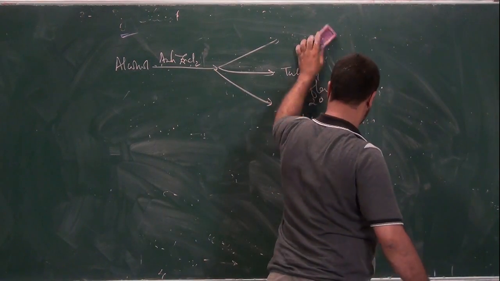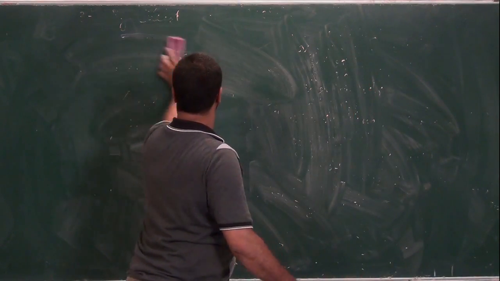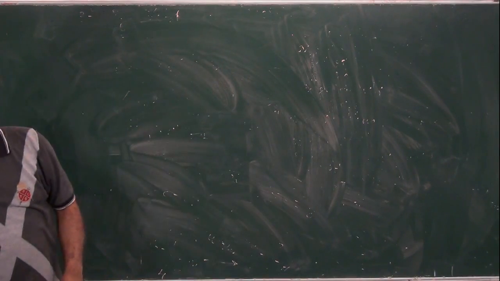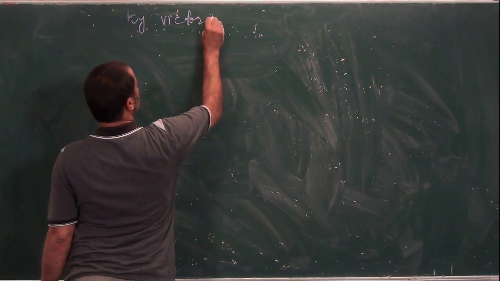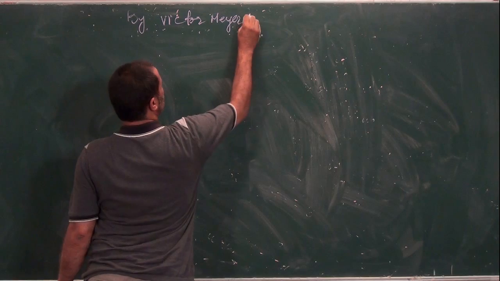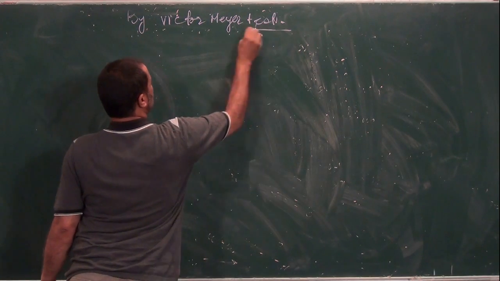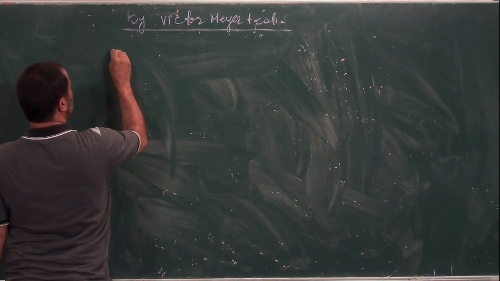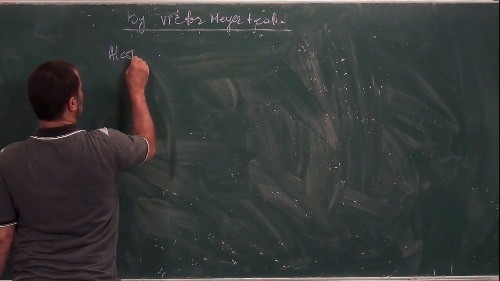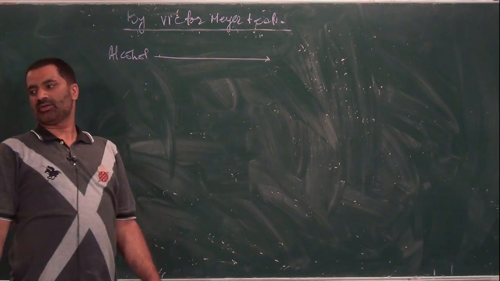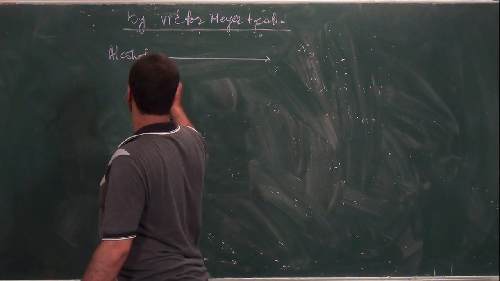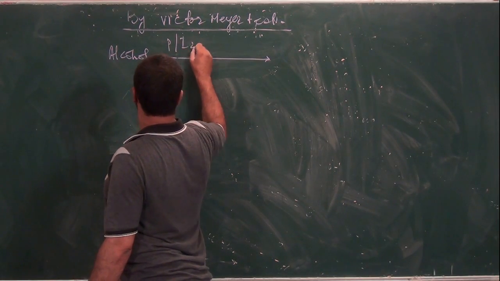By Victor Meyer test. Alcohol is treated with phosphorus in presence of iodine, heat.